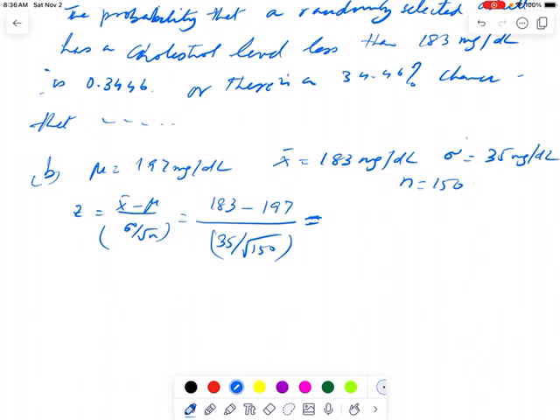For example, what is this value coming to? So take out your calculator and calculate this value.